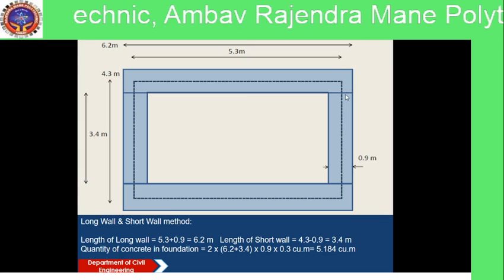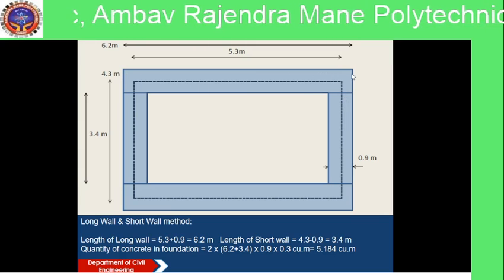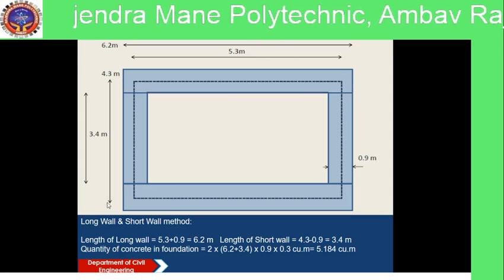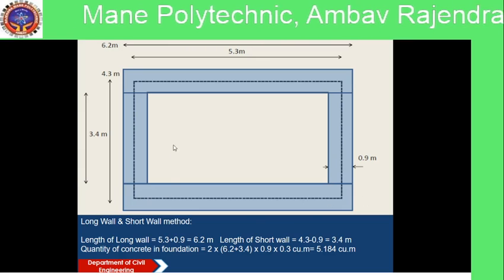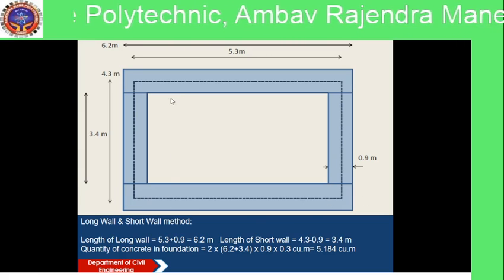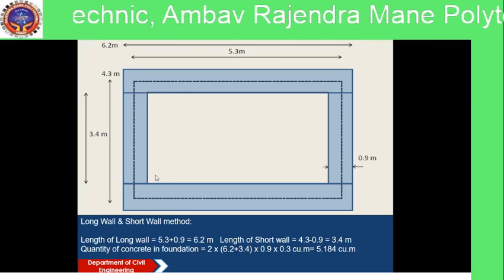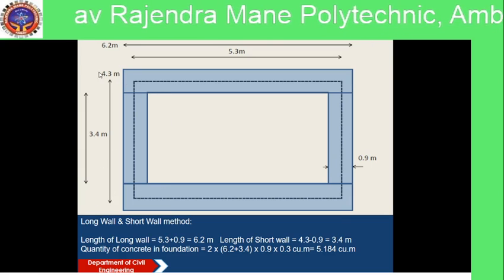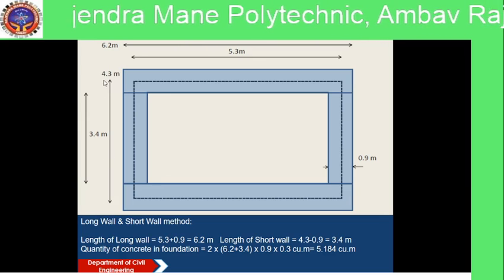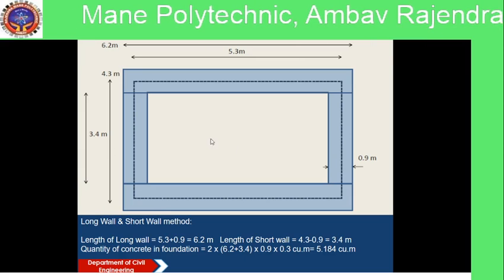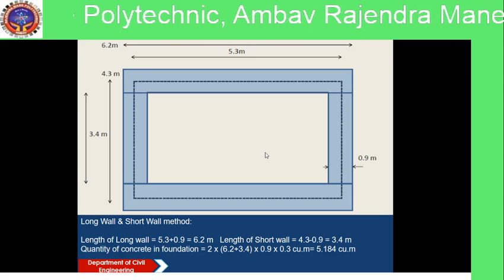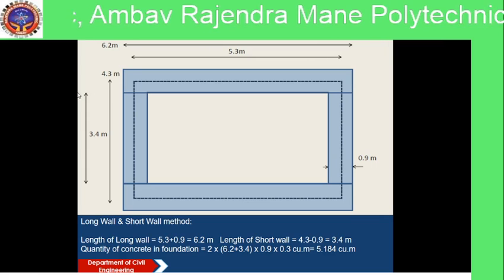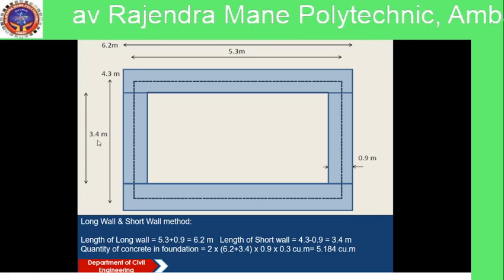Now, this is the long wall length. There are two long walls, this one and this one. For the short wall, the length of the short wall is center to center length minus one width of item. So center to center length here is 4.3 minus one width of item, 0.9, so the length of short wall is equal to 3.4.